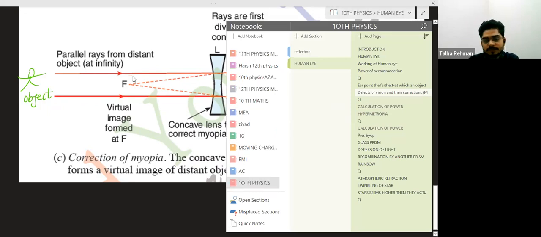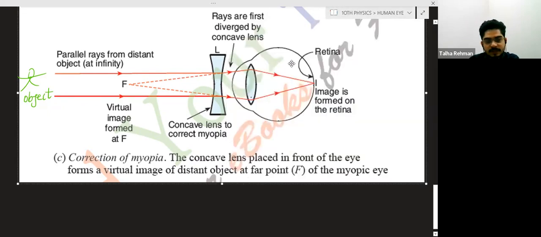Now you can see this eye has myopia, and this eye wants to see the object at infinity, meaning the distant object.